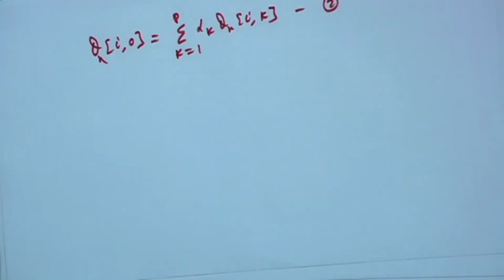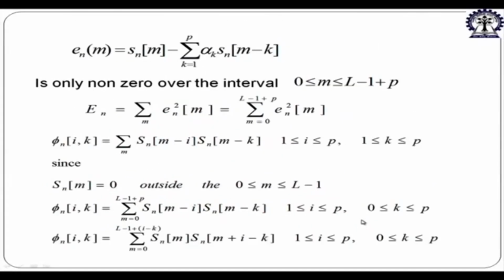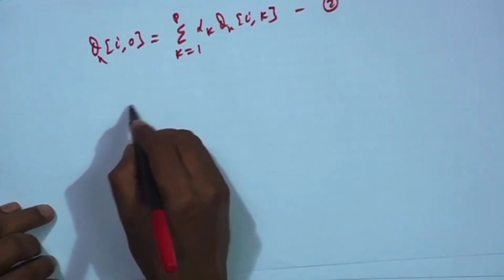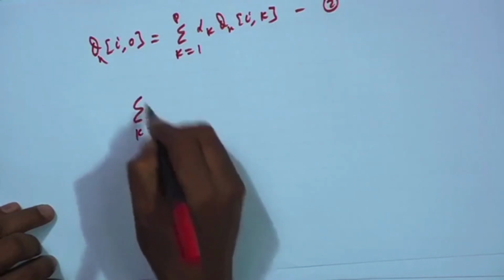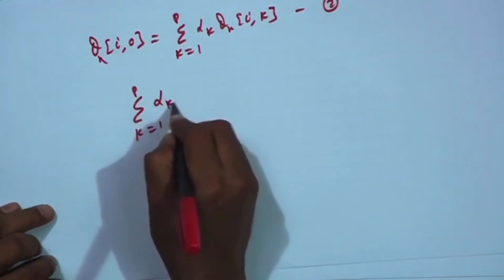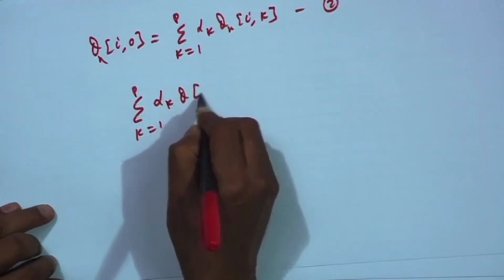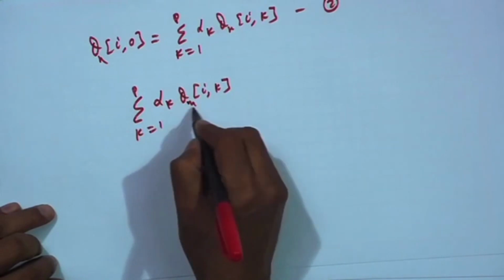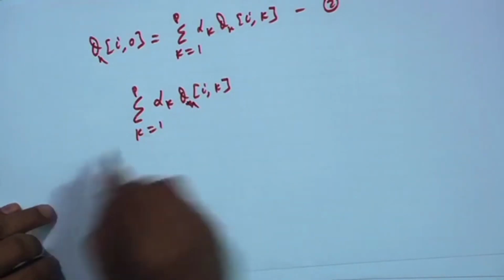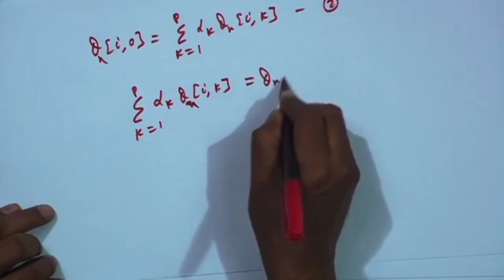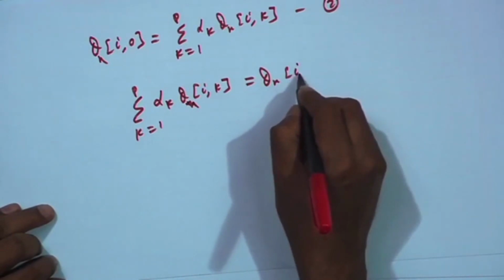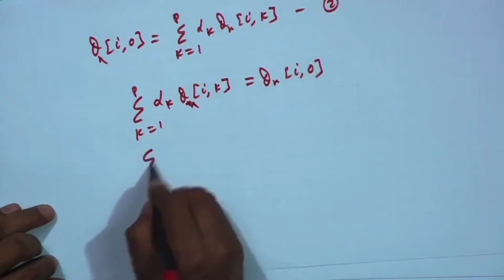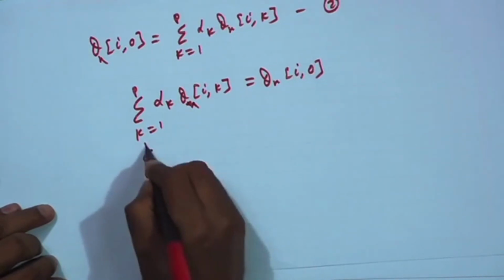Now, from here, the sum from k equal to 1 to p of alpha_k phi(i, k) is nothing but phi_n(i, 0).